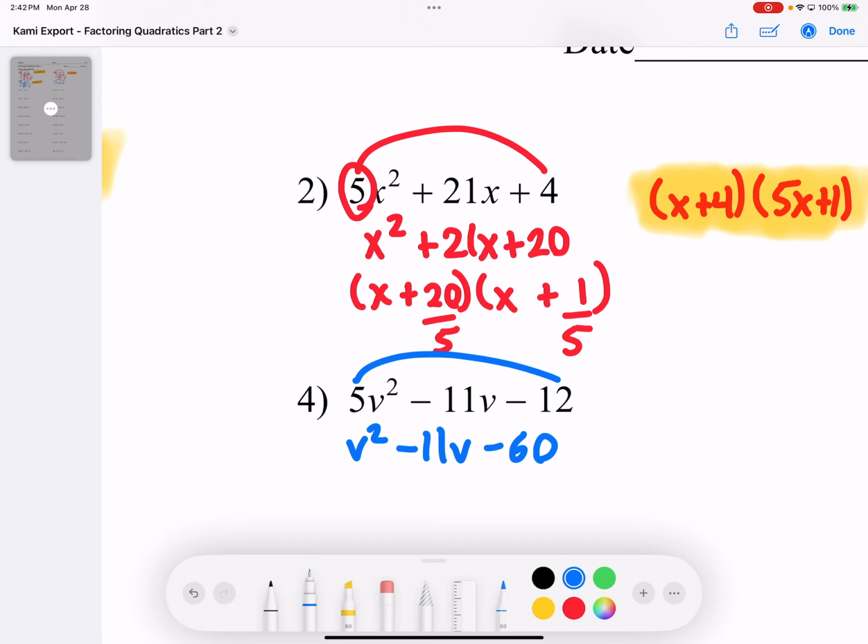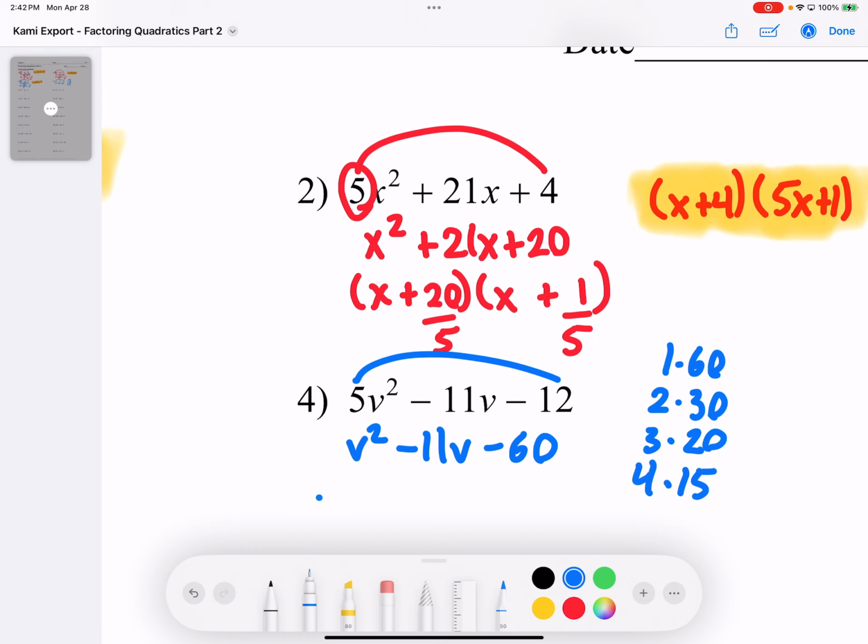Numbers that multiply to give me 60: you have 1 and 60, 2 and 30, 3 and 20, 4 and 15. 4 and 15 subtract to give me 11. So that's my factors. 60 was a bigger number and it was kind of overwhelming, so that's why I went through what the factors are in order.